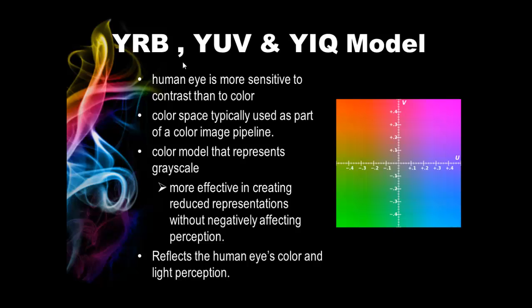It is more effective in creating reduced representations without negatively affecting perception. The blue color contributes less to the perception of light than red, which itself contributes less than green. This reflects the human eye's color and light perception.